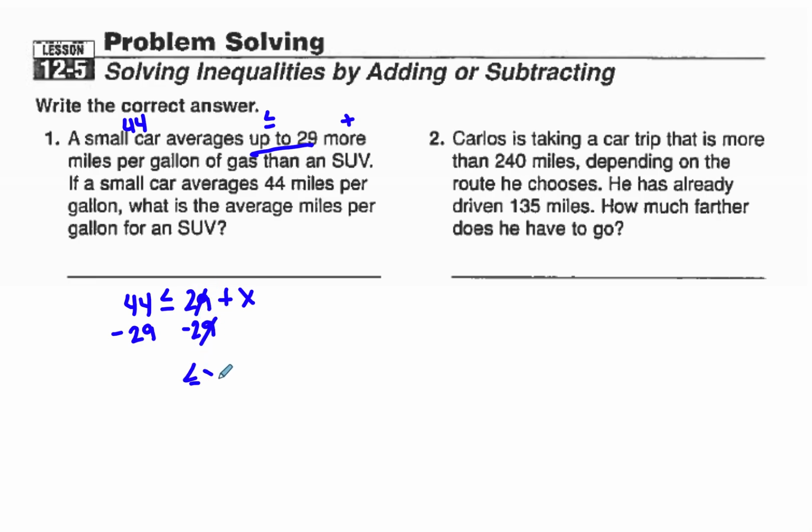It leaves me with x. Over here, I need to borrow before I subtract. 14 minus 9 is 5. 3 minus 2 is 1. So I have 15. And then remember, story problems need a label. So miles per gallon.